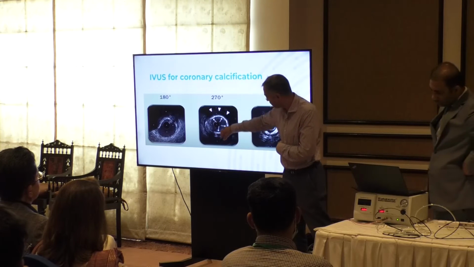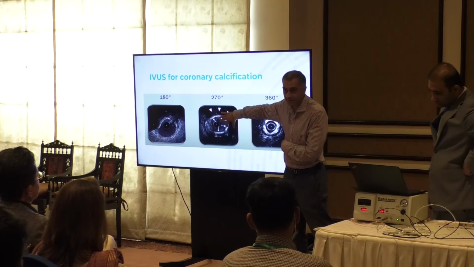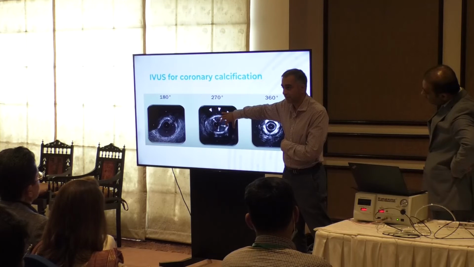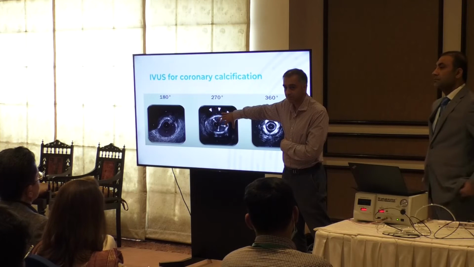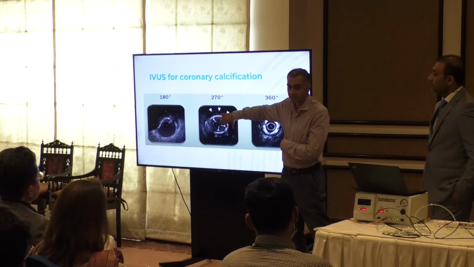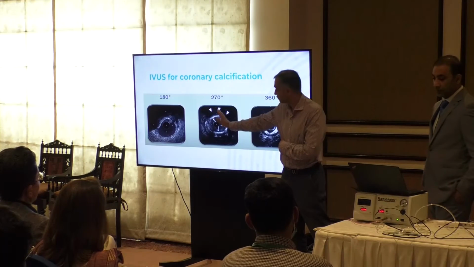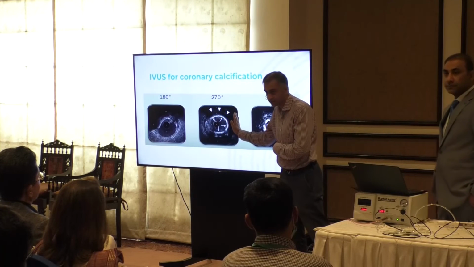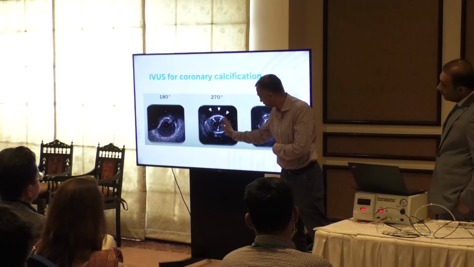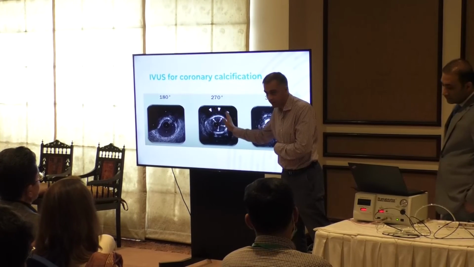Now you don't know how thick this calcium is. The IVUS won't be able to tell you how thick this calcium is. It's impossible for you to know how thick this is. You can get some clues about the thickness based on whether you can see reverberation artifacts, which means you see several lines here.